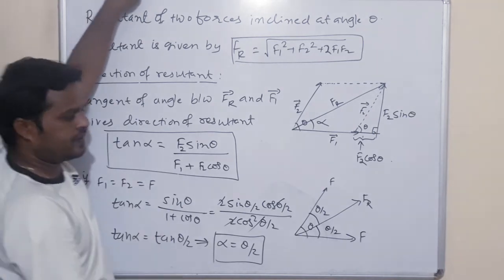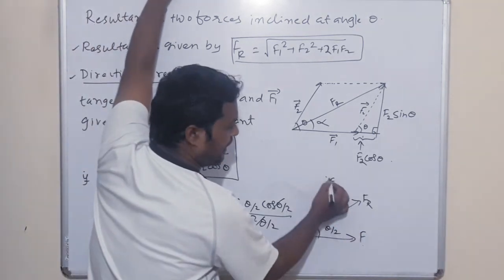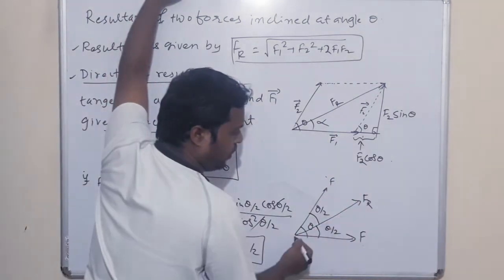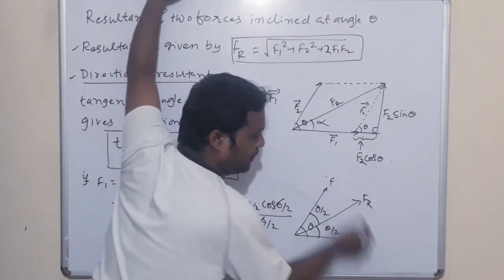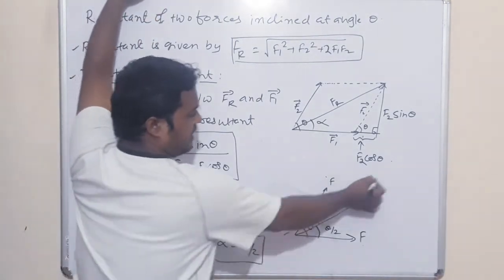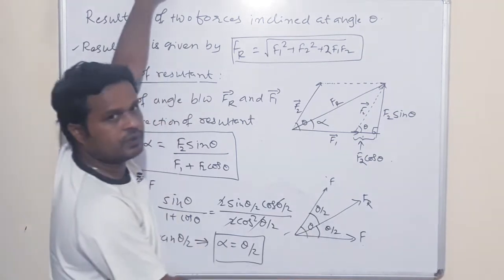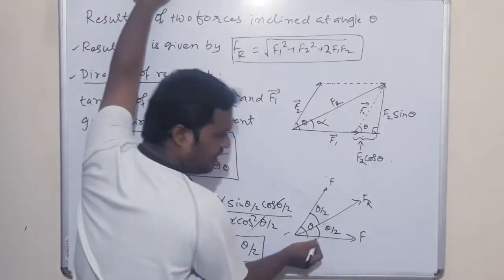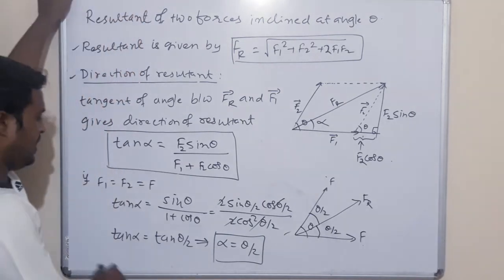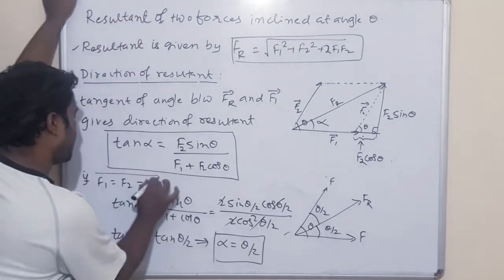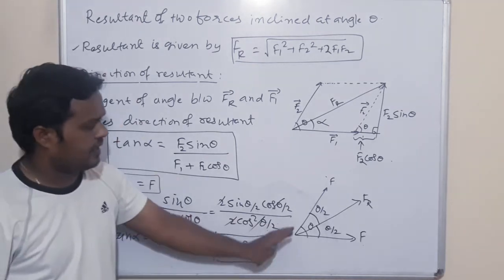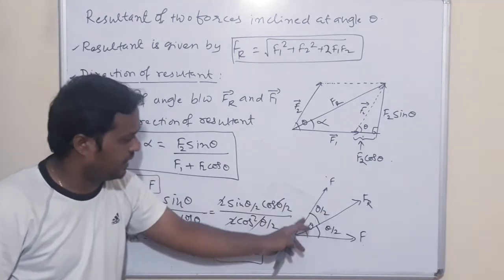What it means is, if two vectors are equal in magnitudes, then F resultant will always be the angle bisector of these two vectors. If this angle is 60, F resultant will make 30 degrees with each force. If this angle is 90, F resultant will make 45 degrees with each force. That means if two forces are equal in magnitudes, then the resultant will always be the angle bisector.